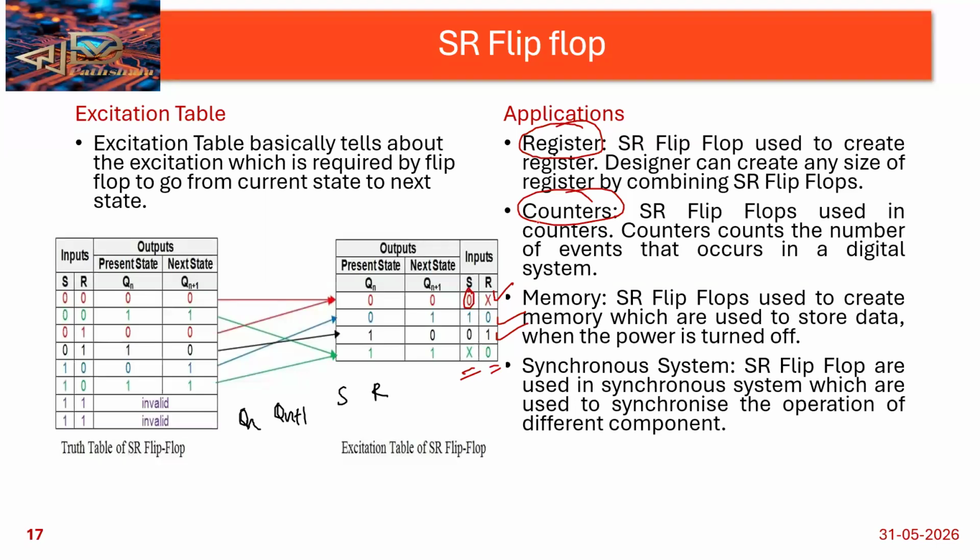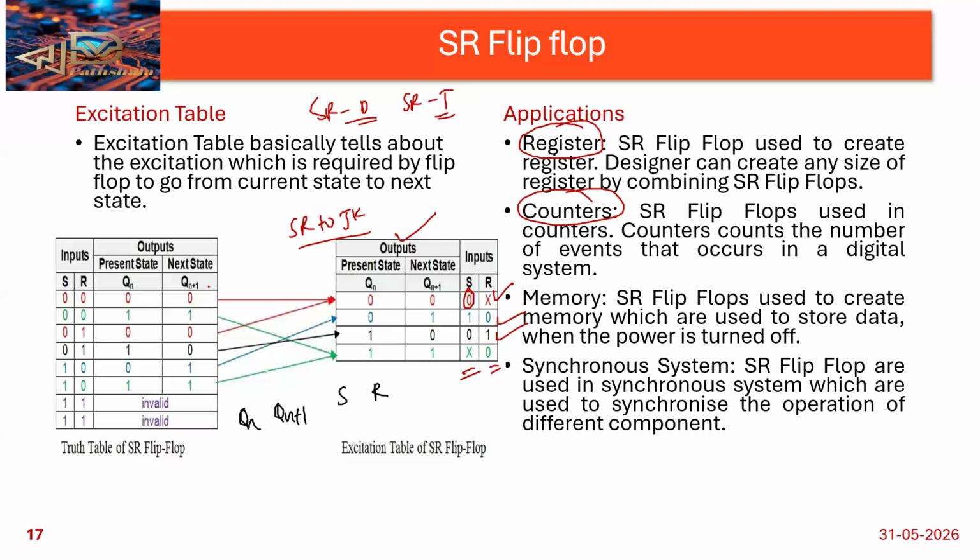We utilize these excitation tables to convert an SR flip-flop to a JK flip-flop, or an SR flip-flop to a D flip-flop, or SR to T flip-flop. For any type of conversion we go through the characteristic table and then the excitation table.